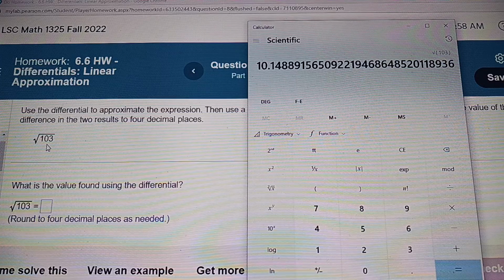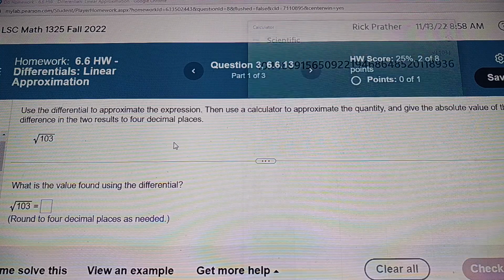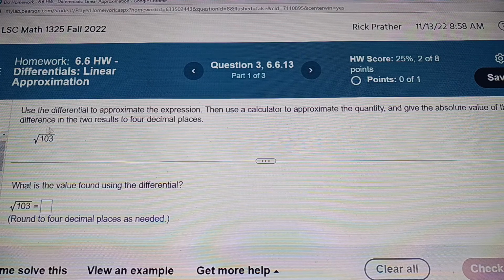Today, this is kind of obsolete, but they just want to show you what's going on here. This is kind of what your calculator is doing behind the scenes, really. So use the differential to approximate this expression, then use a calculator to approximate the quantity and give the difference between the two results.